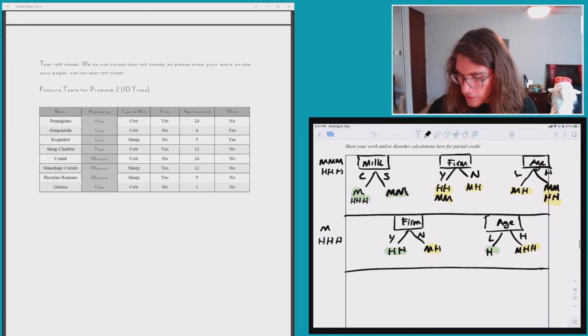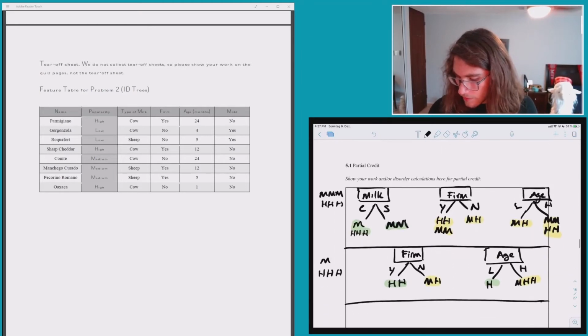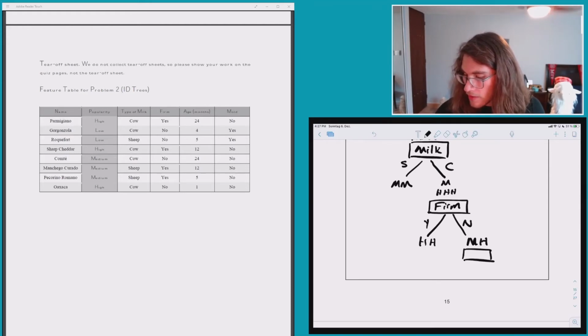I've already forgotten. Yeah. Okay, so it's a yes on the right branch with 2 highs, I believe. And then on the no, I have 1 medium and 1 high. And I only have 1 test left, age.